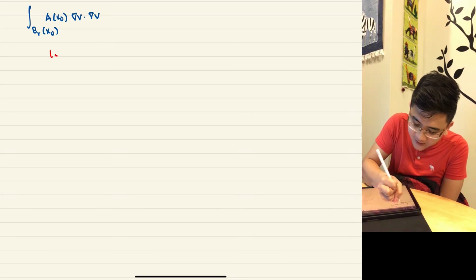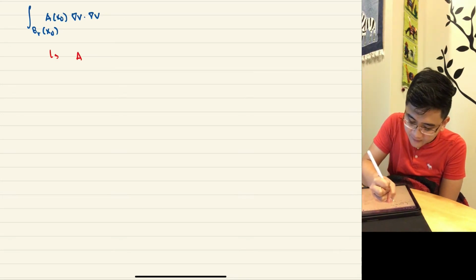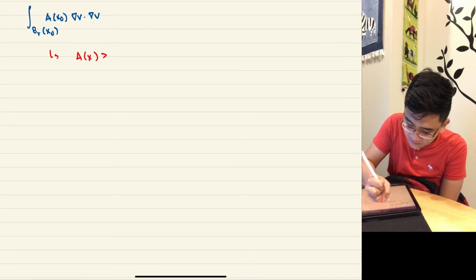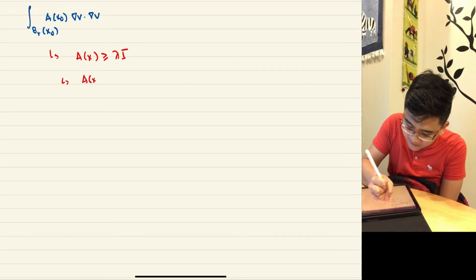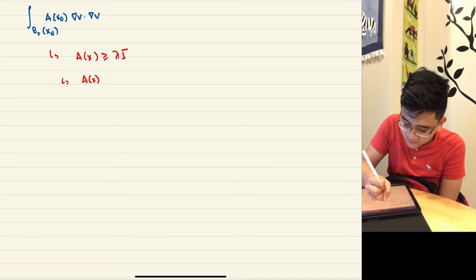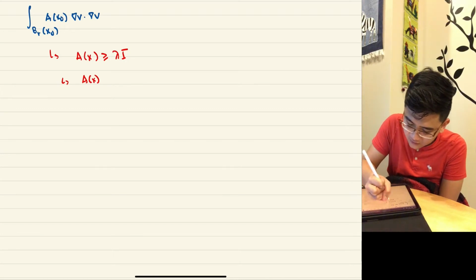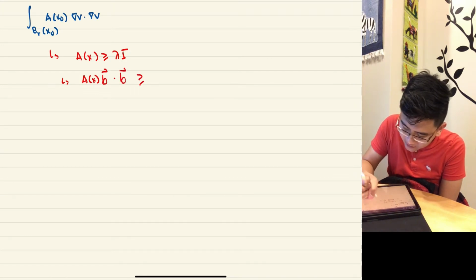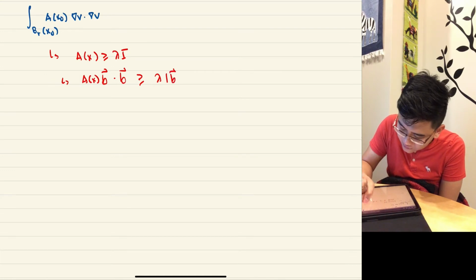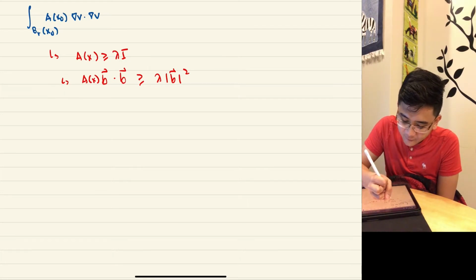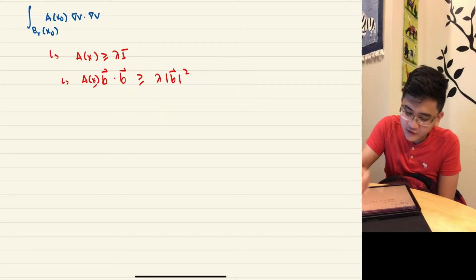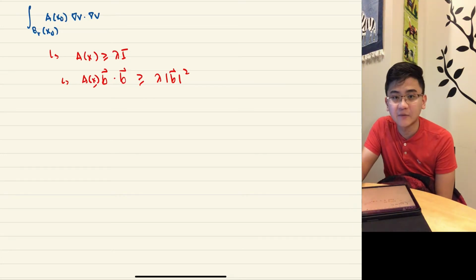Remember that we have A of x greater than or equal to little lambda I, and what that means is that for any vector, let's call it b, A of x b dot b is greater than or equal to little lambda times the Euclidean norm of b squared. Okay, and this holds true for every x. So in particular, it also holds true for x equals x0.